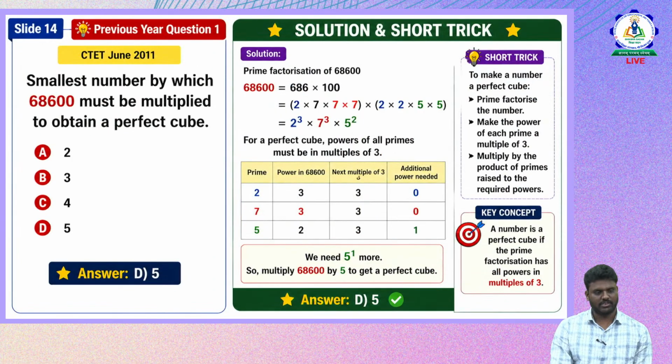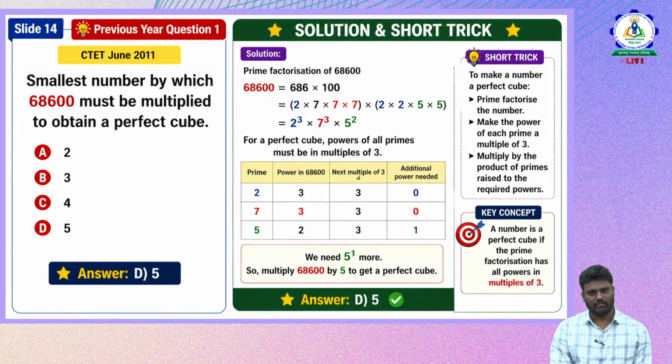Next, the next question is: the smallest number by which 68,600 must be multiplied to obtain a perfect cube. So in order to get a perfect cube for that number, we need to multiply with the smallest number of the given options, and then we get a perfect cube.